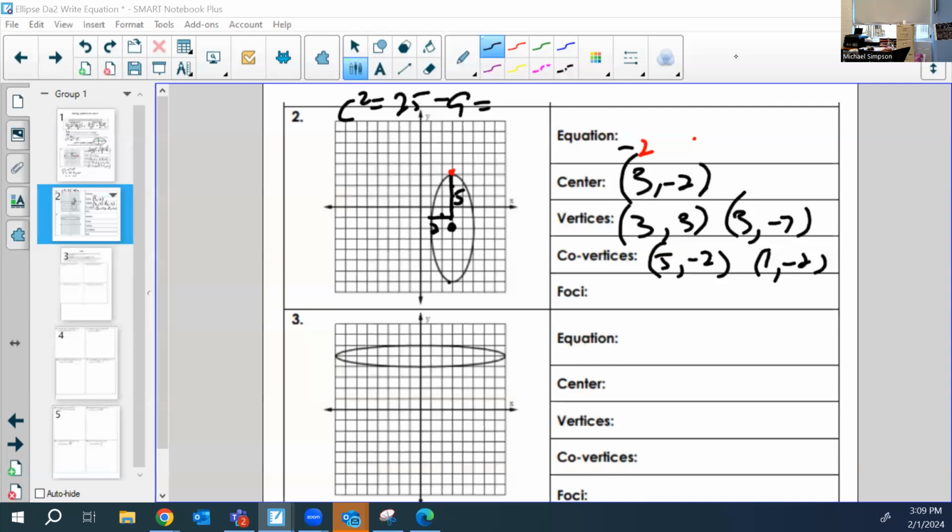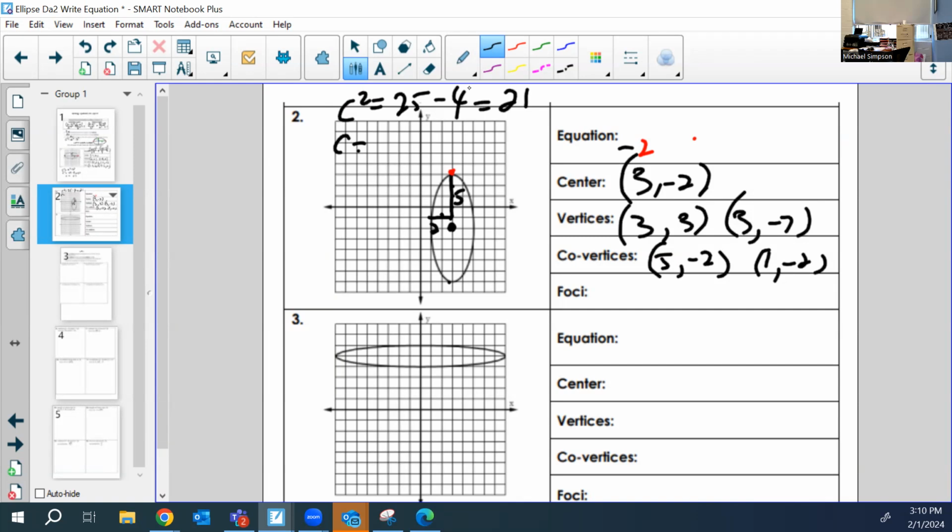Yeah, I made a mistake. The b value is not 9. The b is 2, so that should be 4 right here. So that's 21. C squared is 21, and therefore c is going to equal the square root of that.